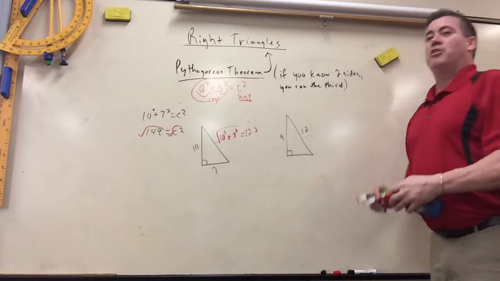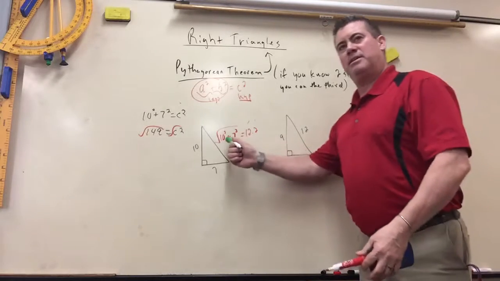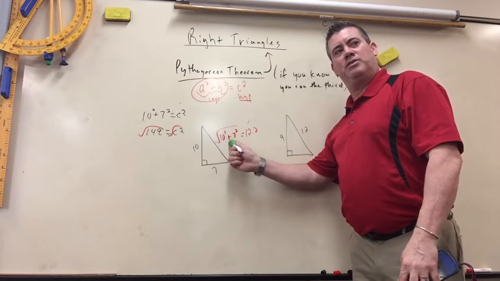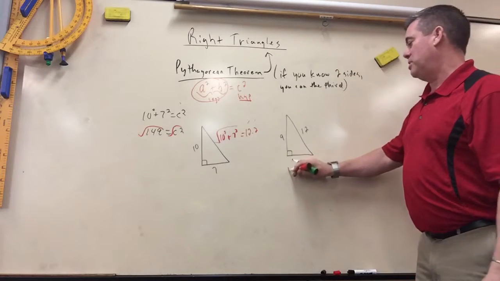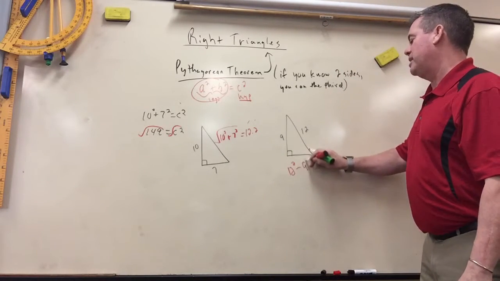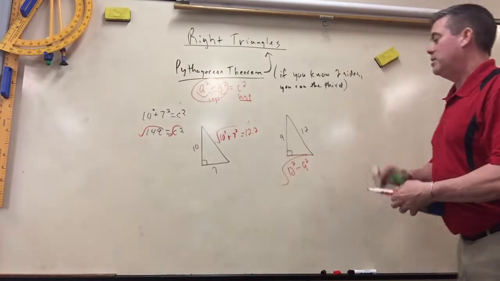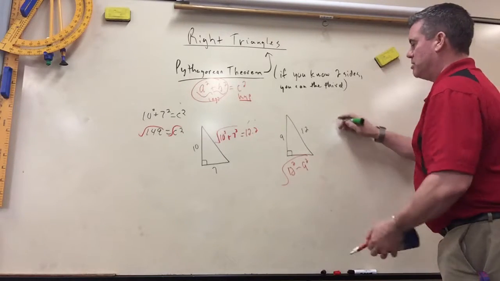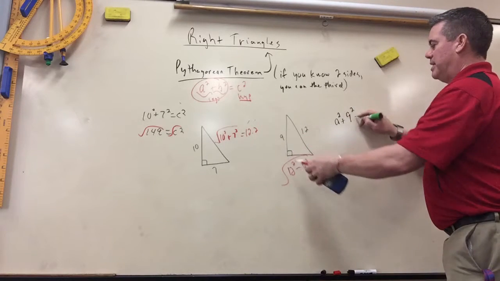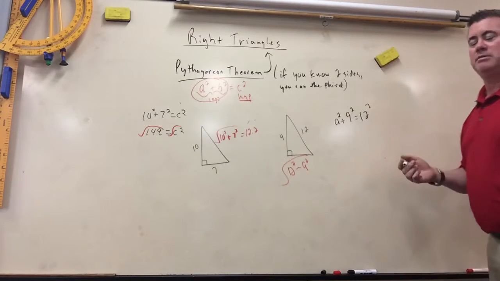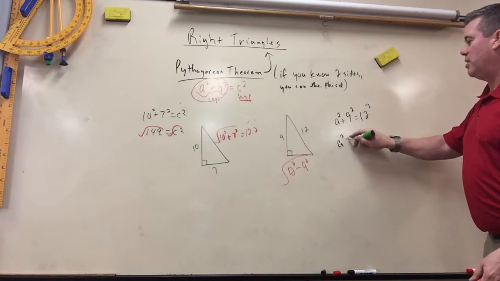On this one, if you're looking for a leg, it's basically the same thing, except what do you got to do? Subtract. And you got to do the bigger one first. It's 12 squared minus 9 squared, square rooted. The reason why is if I solve this, the missing leg squared plus 81 equals the hypotenuse squared.